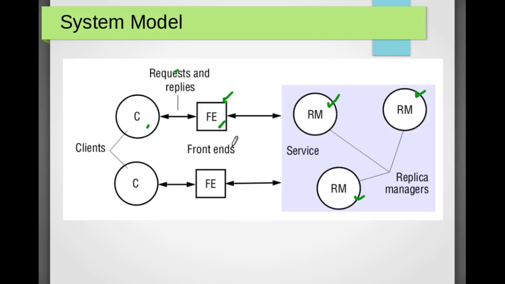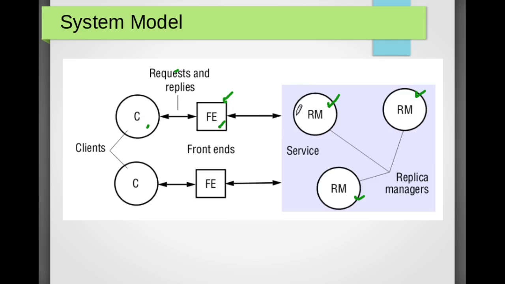The front end passes the request to the replication managers, either to one of them or all of them, depending on the approach adopted. They talk to each other and fix the data.